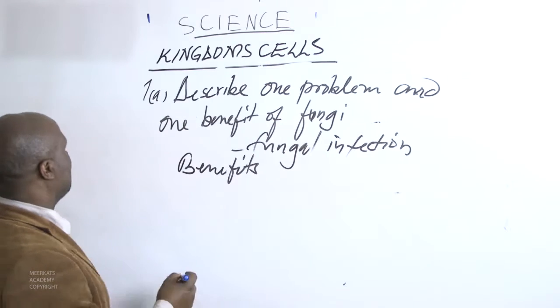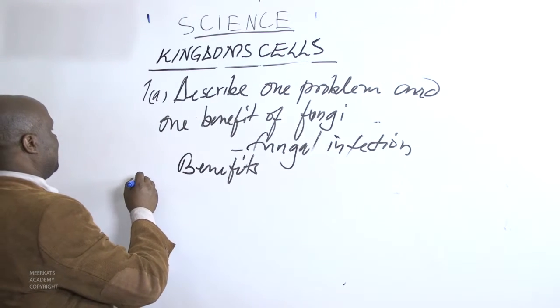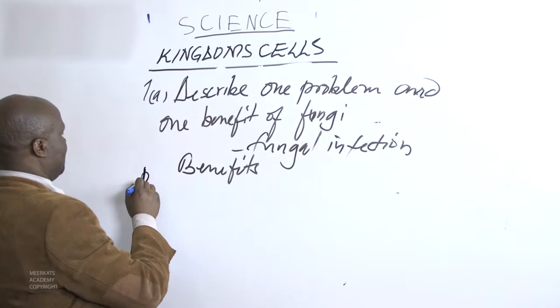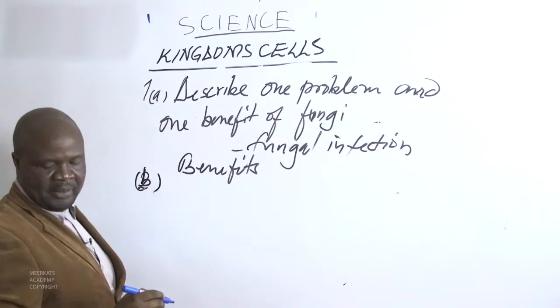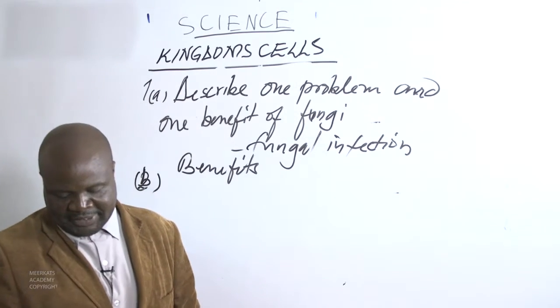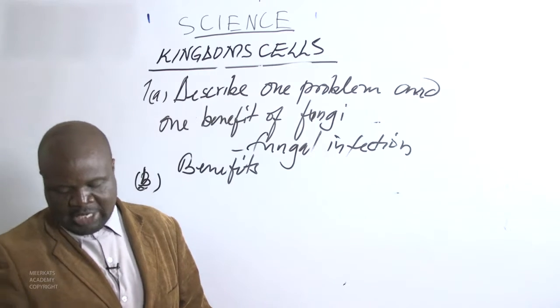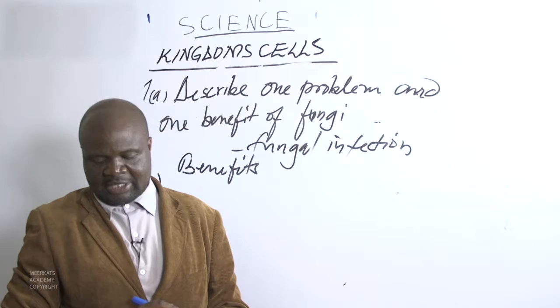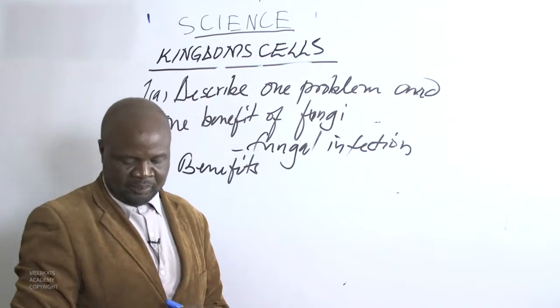We can go to question number 2, question number 1B. Identify the main differences between organisms that are unicellular and those that are multicellular.